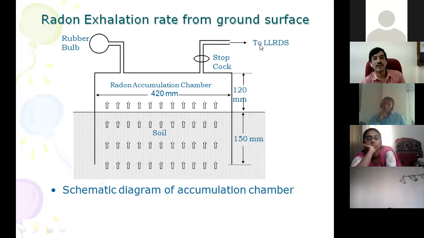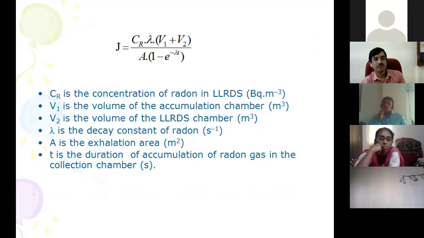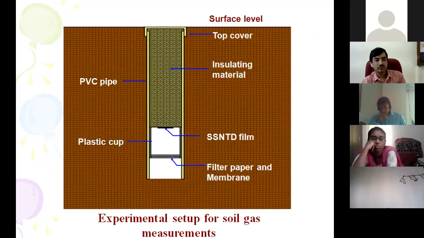I have written LLRDS, but any other radon counting system can be connected to this opening, and the amount of radon collected after say 30 minutes or 15 minutes is measured, and in that way we can find out the rate of radon exhalation from the ground surface. This is the formula used to quantify that parameter.